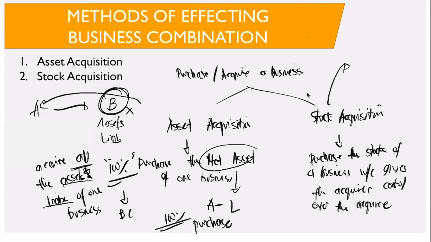So in stock acquisition, this is the investment in stock, and your investment in stock is more than 50%. So you purchase more than 50%. Okay? So here in your asset acquisition, what do we purchase? The net asset. In your stock acquisition, what do we purchase? We purchase the stock.